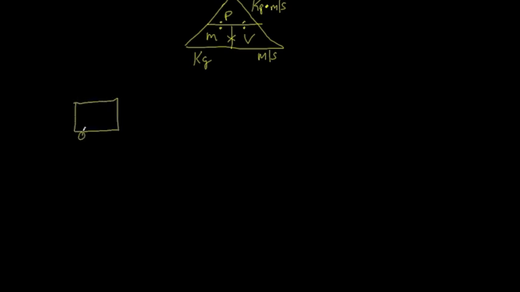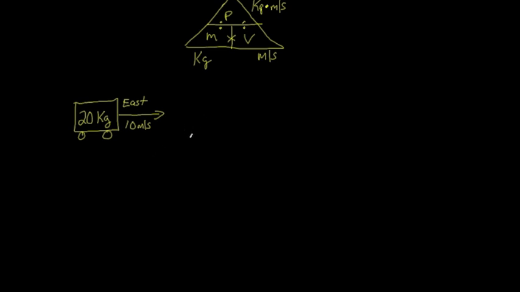So if we had a 20 kilogram mass, a little cart, moving east, or right, at 10 meters per second, we can calculate the momentum. We plug it into our formula.